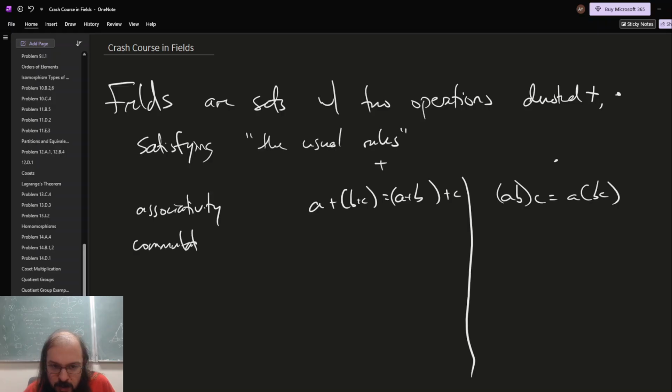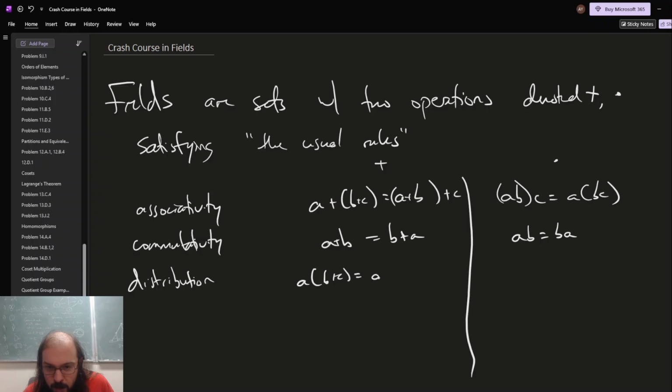We have commutativity. Sorry, that's the plus column. A plus B equals B plus A. Here, AB equals BA. We have a distribution rule. The two operations have to be compatible, and they have to be compatible on the left and also on the right.